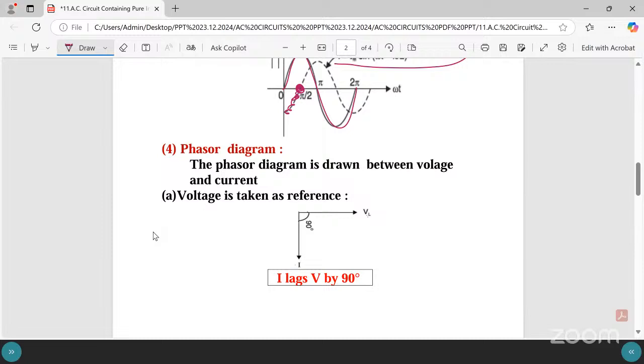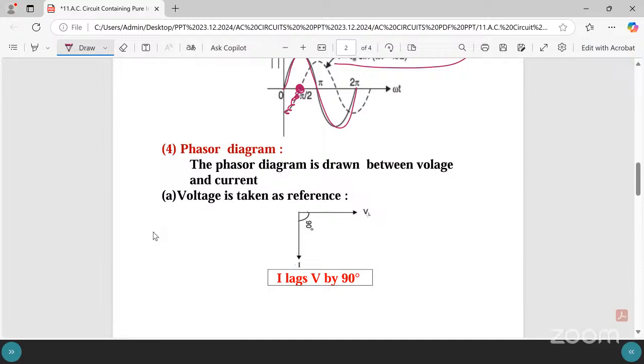Result 2. You have to remember it in your mind while drawing the phasor diagram. While drawing, current always should lag, and you have to draw the diagram in such a way.